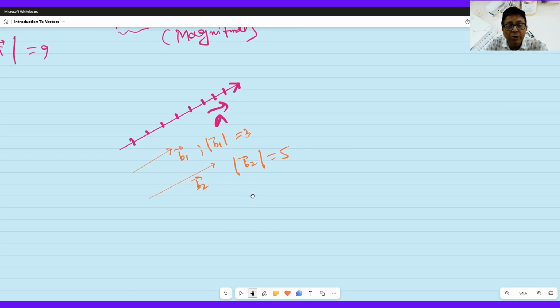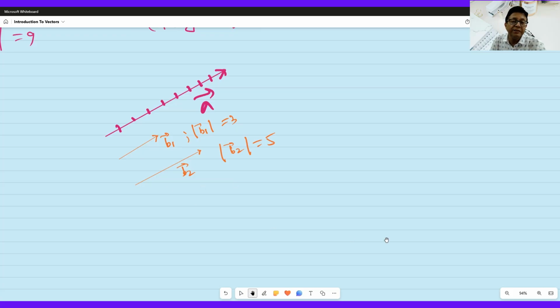We'll think about writing all these vectors in terms of a unit vector along the direction of A. Let me write a vector of magnitude 1 unit only along the direction of A. This is the vector. Its magnitude is 1.